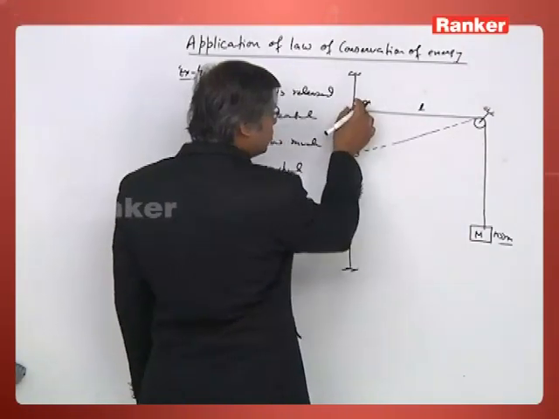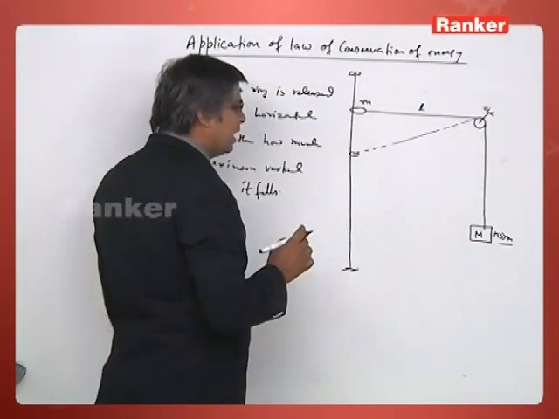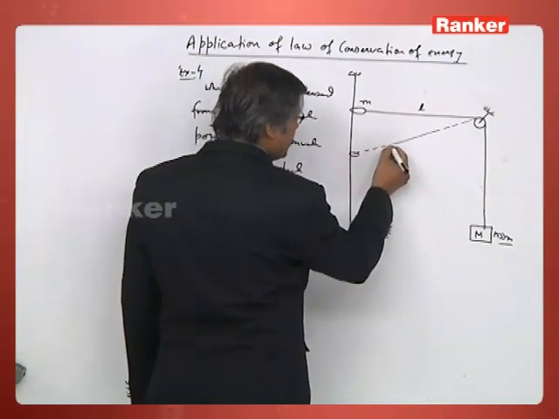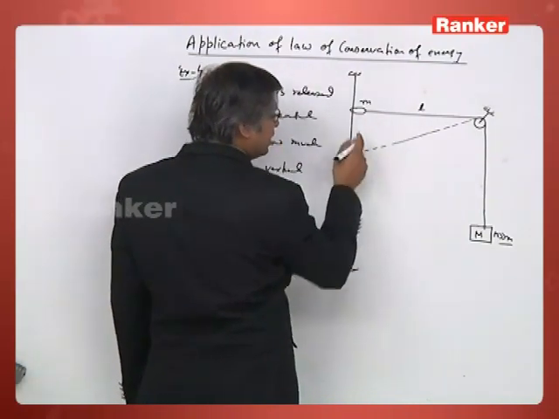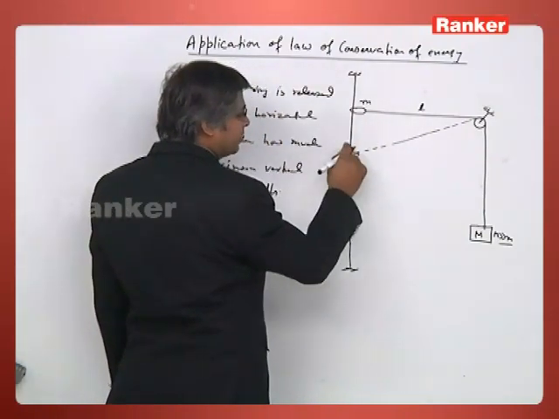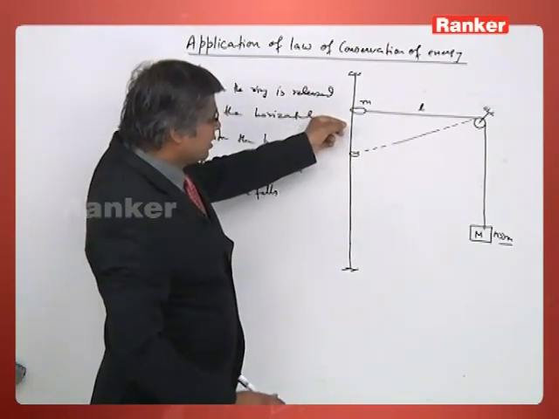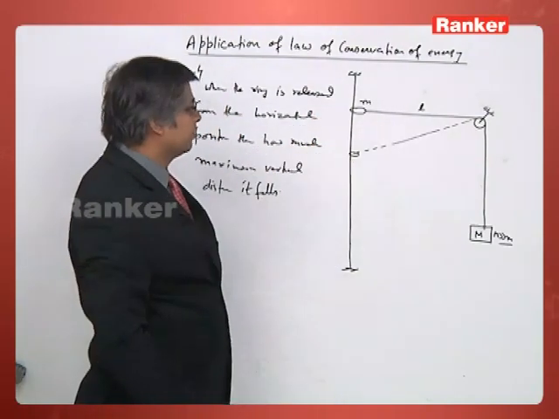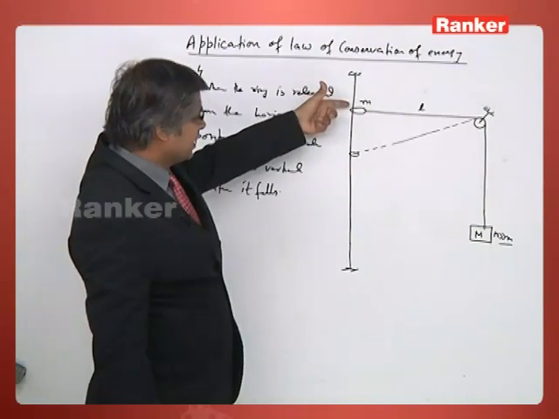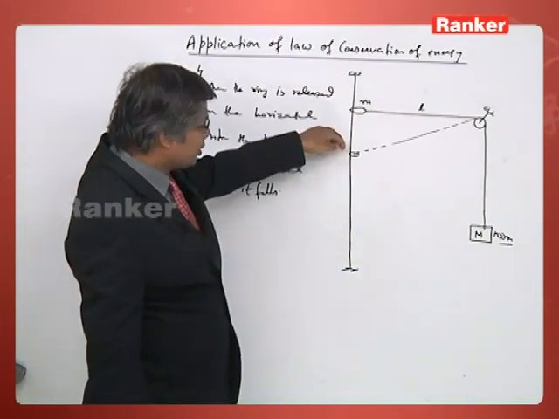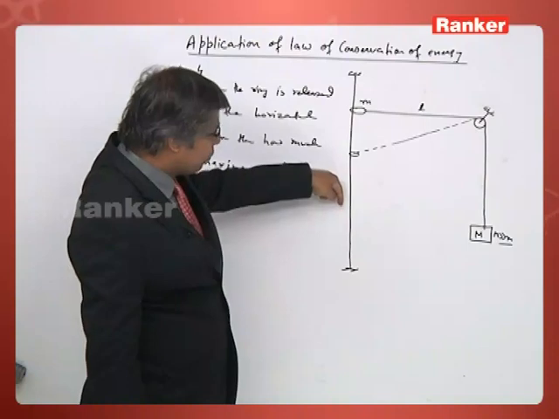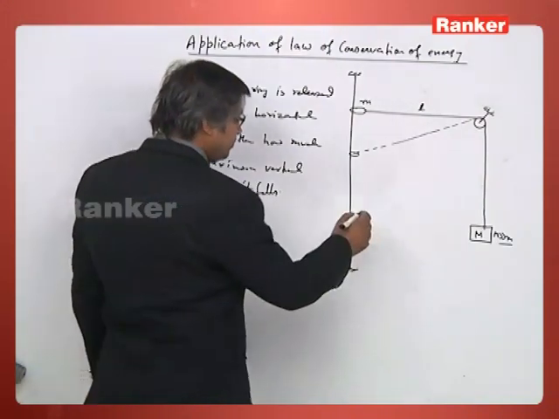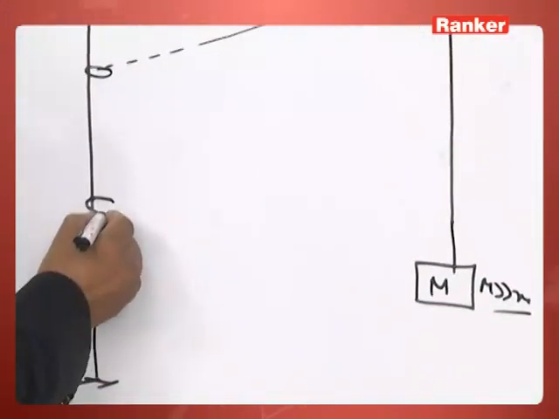So if I slowly release it, what will happen? At this position, the T has a vertical component that can balance. But if I release it slowly, then this is the equilibrium position. But if I release it, it will come to this position, acquire velocity, and it will overshoot its position. And so it will come to this position.